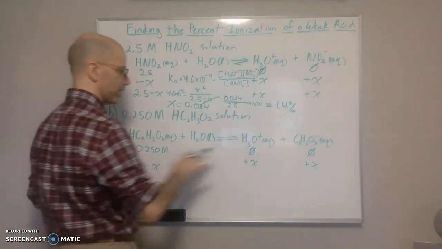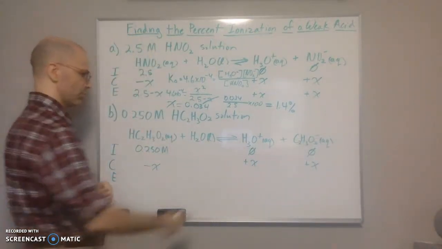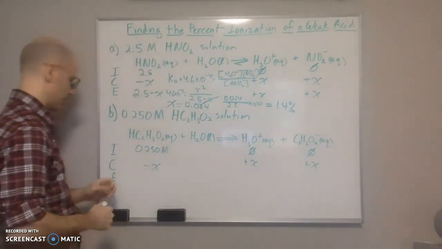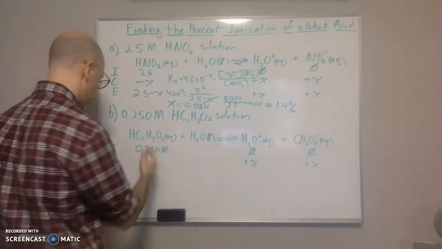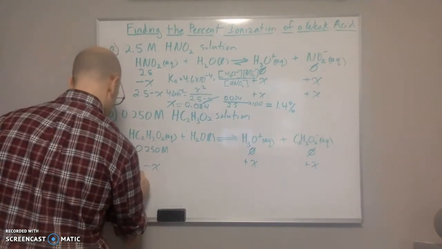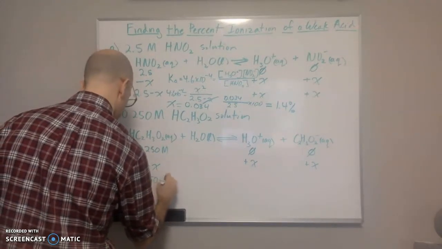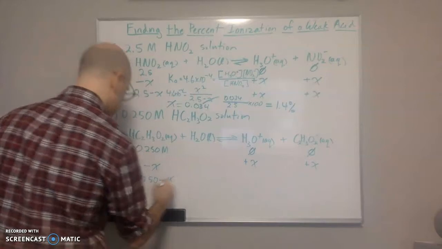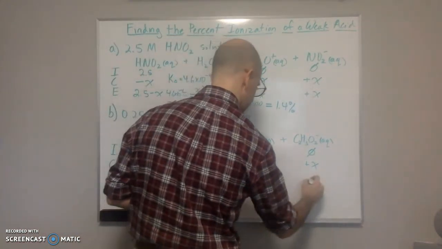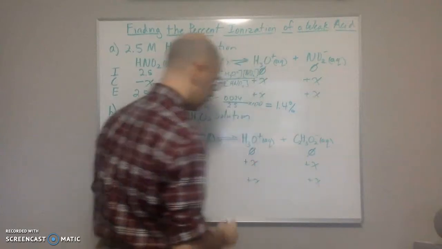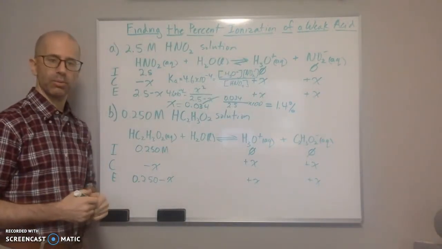And plus we're going in this direction, so we're going to gain some product here. Whatever we lose, we're going to gain the same amount over here. And now to get the equilibrium expressions, again, you add everything together. So this is going to be 0.250 minus x, and then this is just going to be plus x again and plus x again. Okay, so now we have our equilibrium expressions.